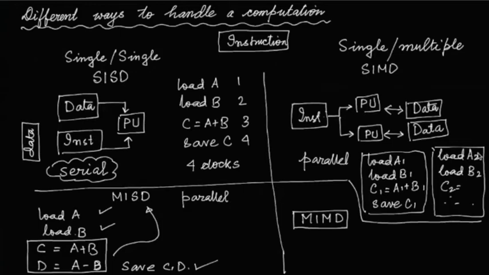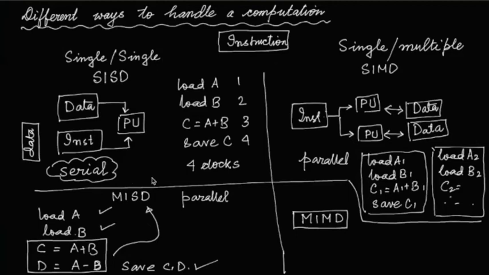You can think of adding two vectors only: A1, A2, A3, A4 and B1, B2, B3, B4. So if I have four processing units, I can just run them parallelly. And here the entire program is running parallelly. The full program is parallel. This type of program is obviously very rare, but one can design programs in such a way that the full thing is parallel, with some cost.